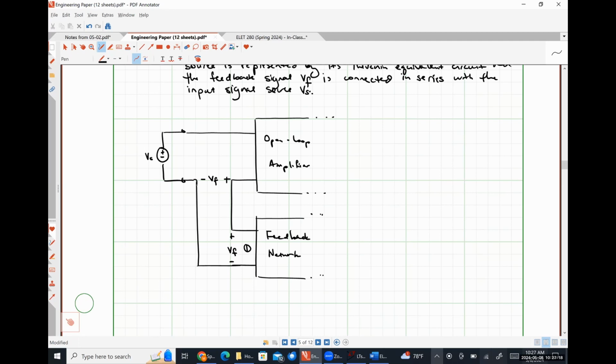That voltage VF is in series with our signal voltage VS. And then the voltage that is present across the input terminals of my amplifier is this error signal VI. Over here to the side, I want you guys to tell me what VI is going to be.